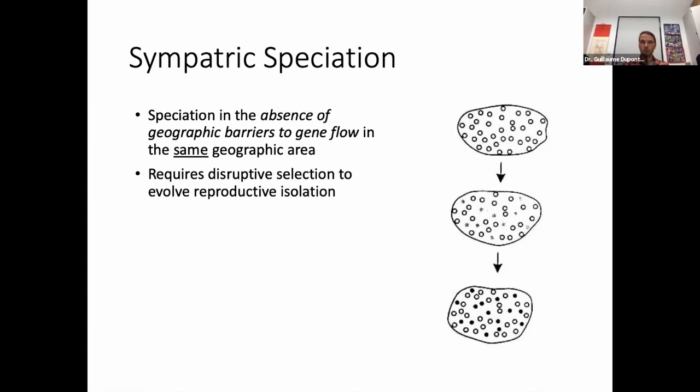I mean, no physical or others. So this requires, again, what we have called earlier disruptive selection. We need to have reproductive isolation over time. So how do we do this? How do we disrupt gene flow if species occur in the same place?